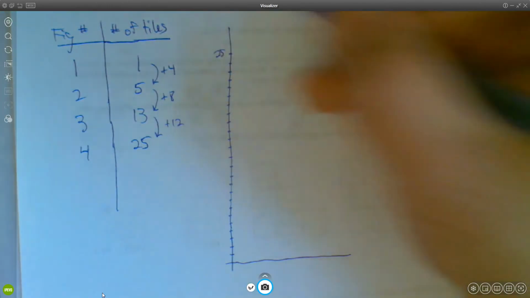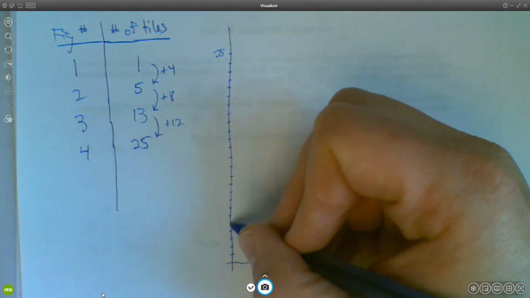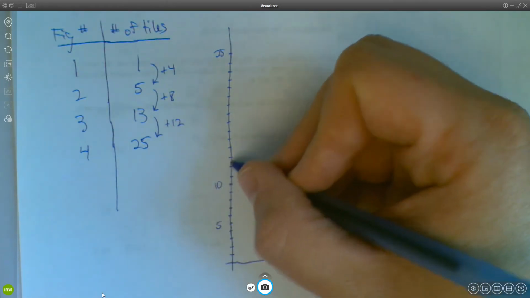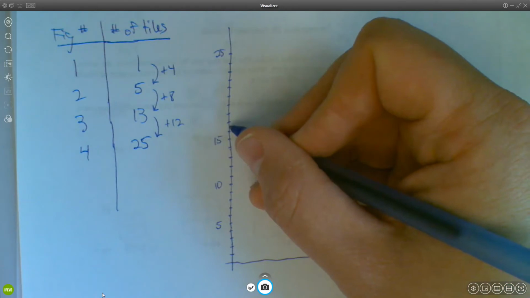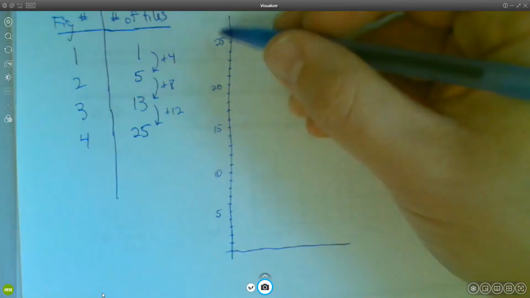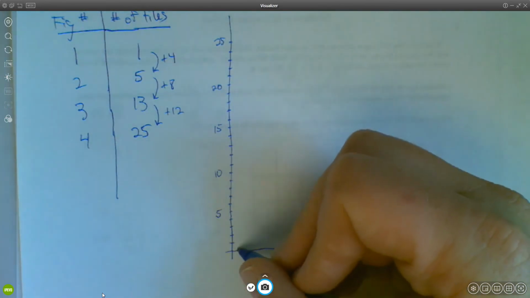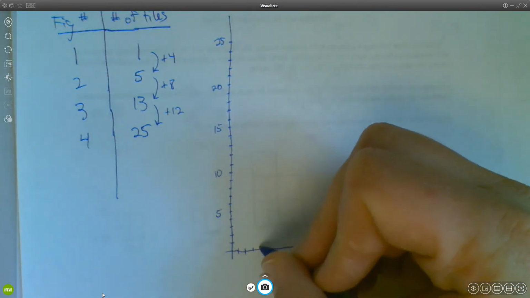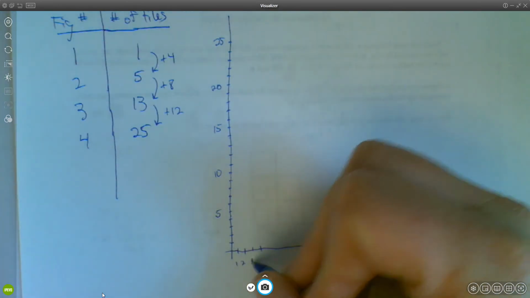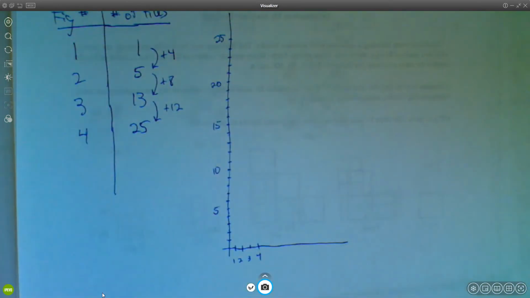There's 25. And then 1, 2, 3, ... up to 20. Okay? And then I'm going to try to leave my axes equally spaced down here so that you can see the growth of this thing. So this is 1, 2, 3, and 4. Let's plot the points.